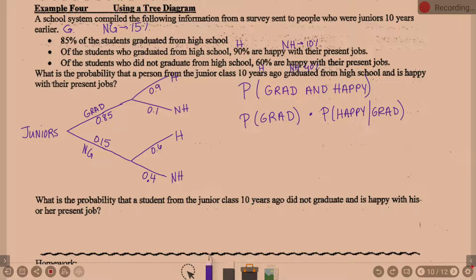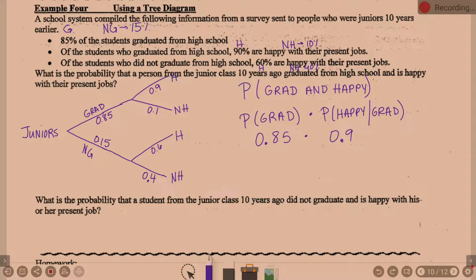What is the probability that a junior graduated? 0.85 times. What is the probability that they are happy with their present job given that they graduated? 0.9, because 90% of the graduates were happy with their current job.